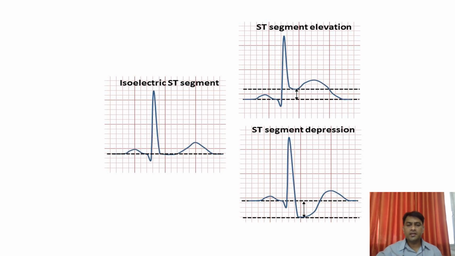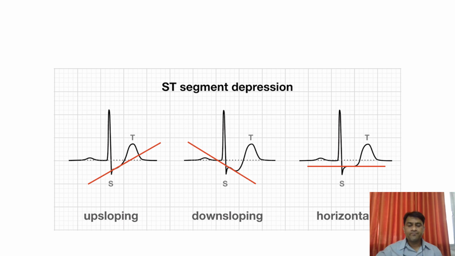To draw the baseline, pass it from the TP or PR segments. Anything above that baseline is elevation, anything below the baseline is depression. This is how you can find out ST segment depression.